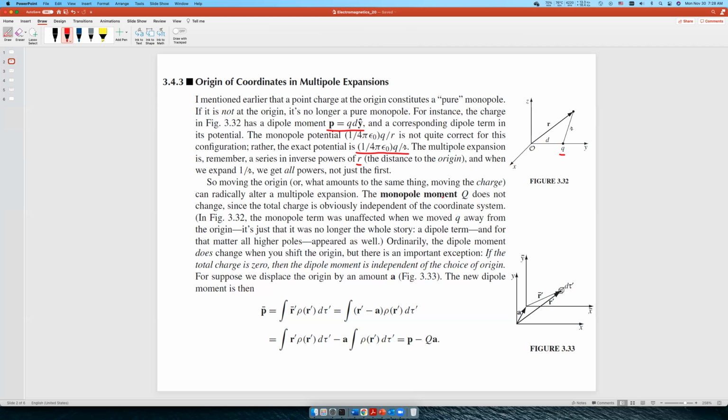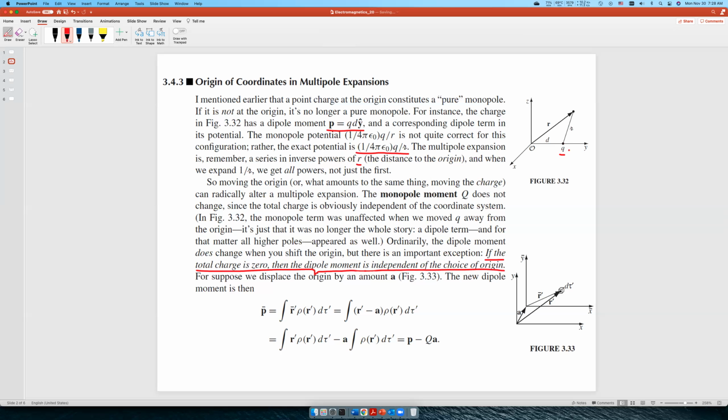And the monopole moment Q does not change since the total charge is obviously independent of the coordinate system. Ordinarily, the dipole moment does change when you shift the origin, but there's an important exception. If the total charge is 0, then the dipole moment is independent of the choice of origin.